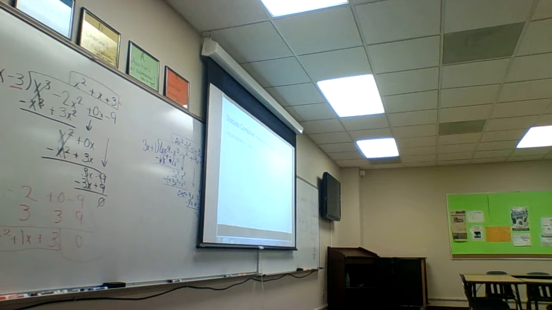Inverse, combined variation and joint variation. Combined is where we're taking more than 2 variables. In this particular example 6, you have volume, you have pressure, you have temperature that's in Kelvin.